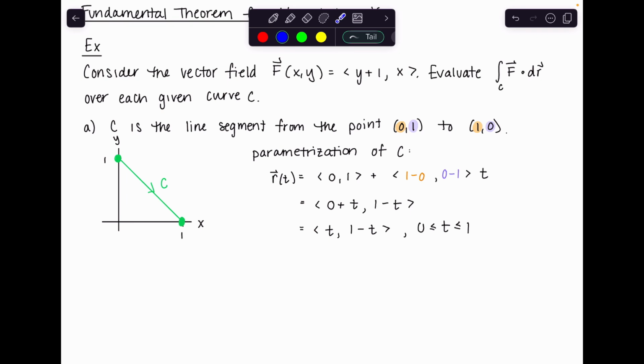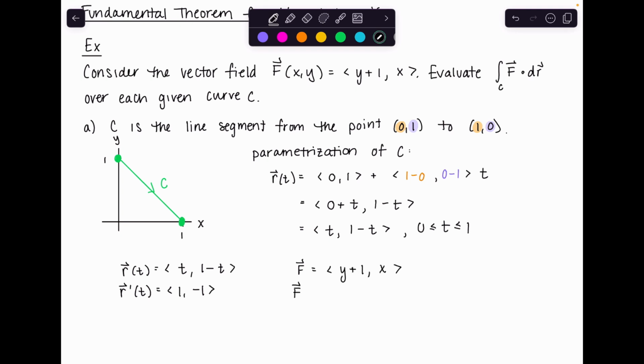Now I've got to find its derivative. So r of t is (t, 1 minus t). r prime of t is then (1, -1). Then my vector field F is given by (y plus 1, x).